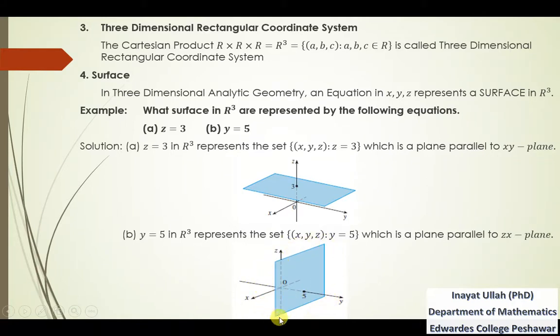Make a wall here at y is equal to 5, which is parallel to this zx plane. So y is equal to 5 is a plane parallel to the zx plane. That's how we plot planes in which one variable is fixed.